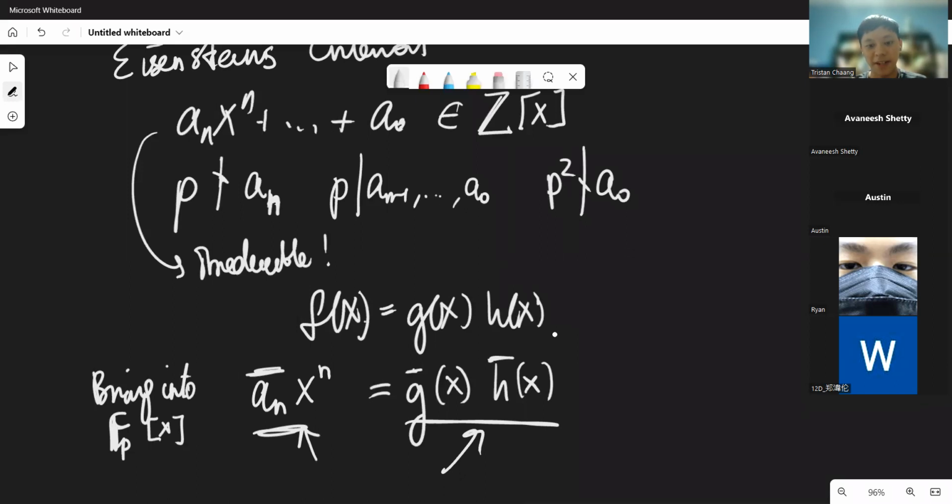That means x divides one of the polynomials. And then I divide by x, I repeat the same argument again. In each step, the x either goes to g or h.